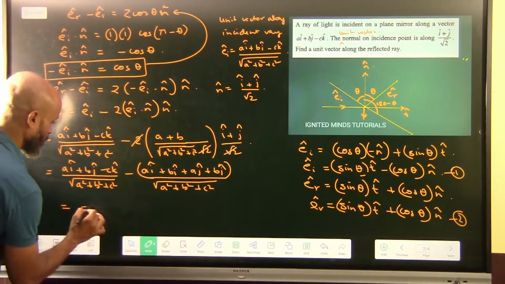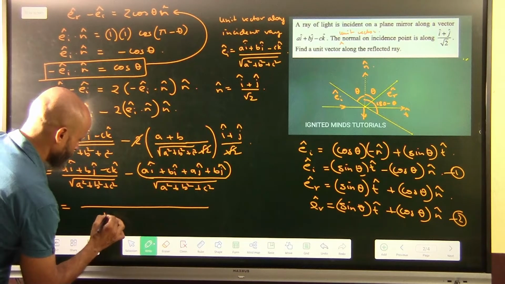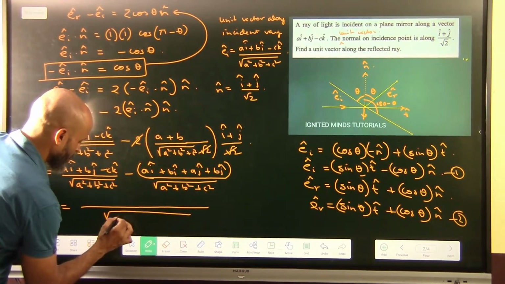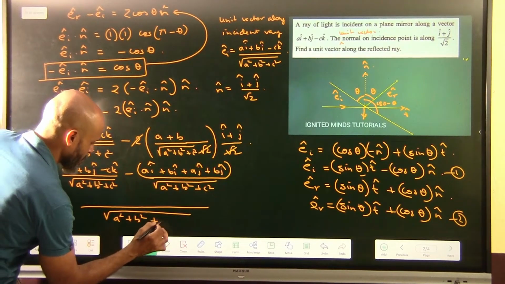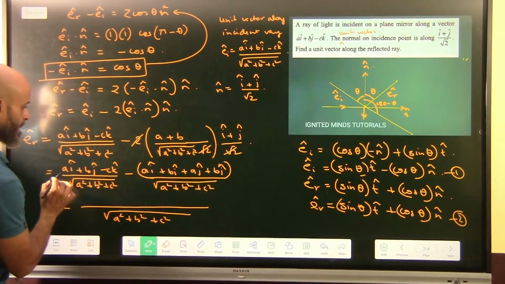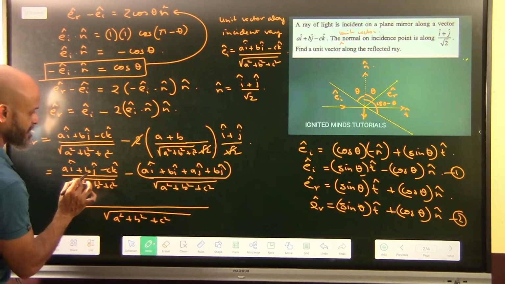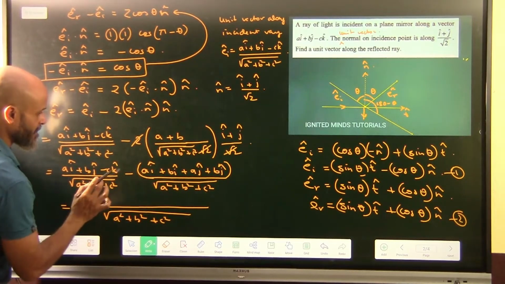So this will be, over under root of a square plus b square plus c square, ai cap minus ai cap gets cancelled, bj cap minus bj cap gets cancelled.